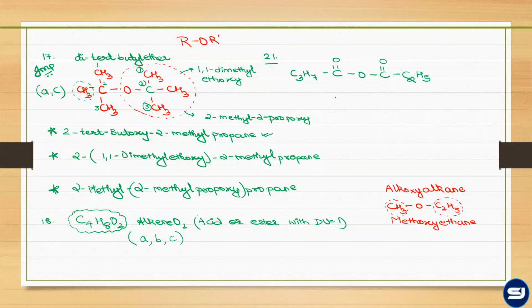But if the two alkyl groups are different, then you have to name it as alkanoic anhydride. So this part will give you butanoic and this part will give you propanoic. In the alphabetical order, it can be named as butanoic propanoic anhydride. So it is a correct name. Option A is correct. Then it may be 2-methyl propanoic anhydride.